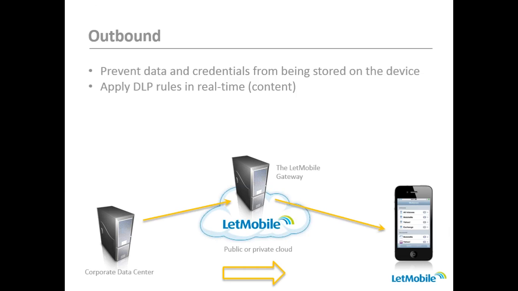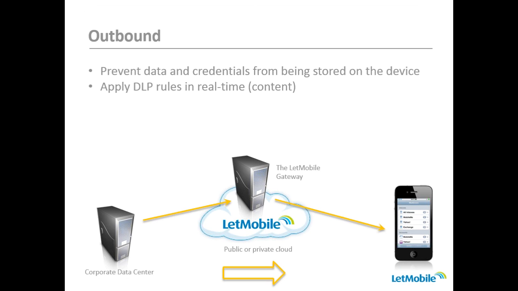The Let Mobile gateway extracts from the payload itself all the sensitive information, including the attachments, the email content, everything that is considered sensitive, and it sends empty data to the device. So at any given time, the link between the gateway and the device doesn't include sensitive information.